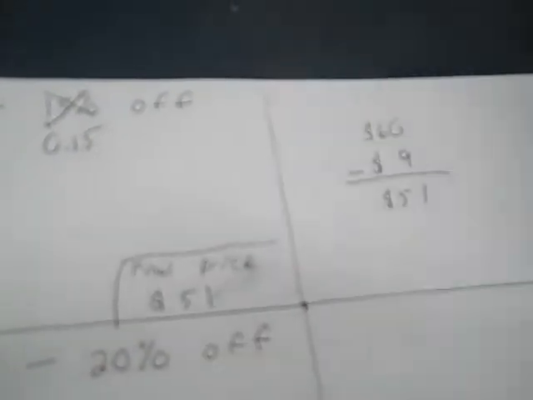After you make that a decimal, you times those. So 60 times 0.15, and I got 9. So that's how much money is taken off the price, because 15% of $60 is 9. So I take 60 minus 9, and that's 51. So that's your final price, $51.